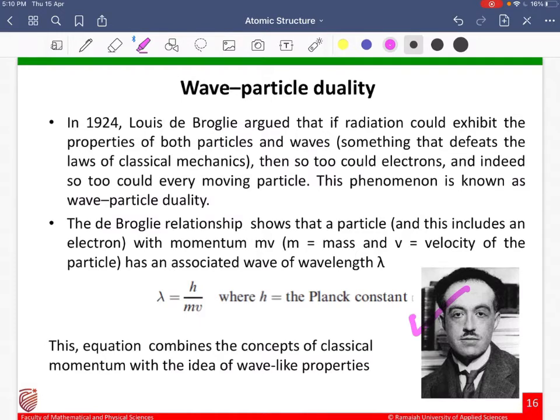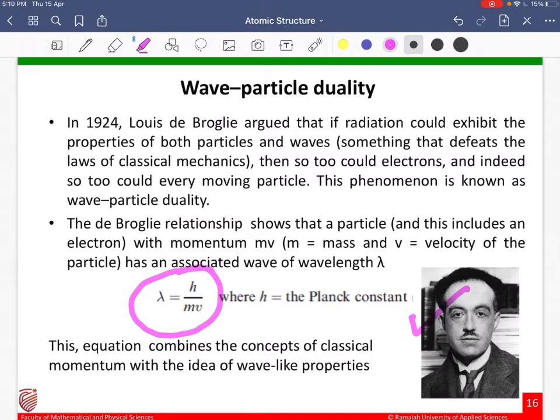The de Broglie relationship showed that a particle with a momentum mv, where m is mass and v is velocity of the particle, has an associated wavelength lambda, and the relationship between the momentum and lambda is lambda equals h by mv, where h is Planck's constant.